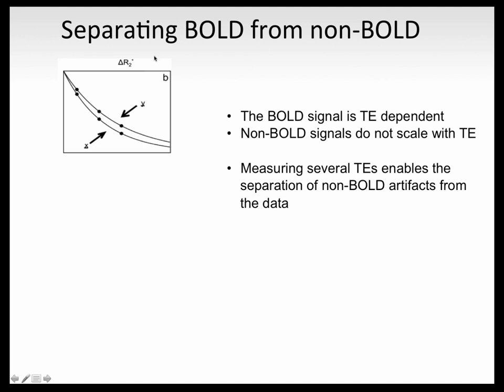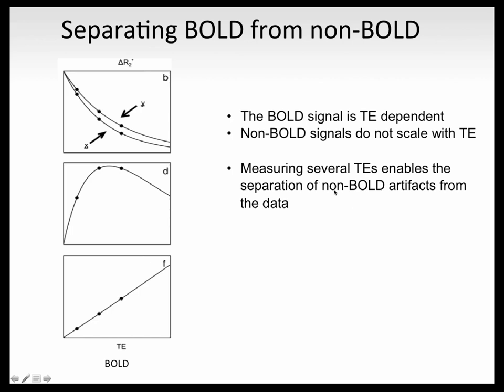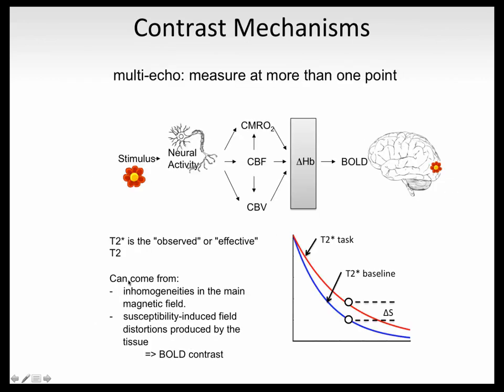The nice thing about this is that you can actually separate BOLD signals from the non-BOLD signals, because the BOLD signal varies as a function of when you get the image, so as a function of TE. On the other hand, non-BOLD signals don't actually scale with the TE. So if you do measure at several TEs, you can make this nice difference curve.